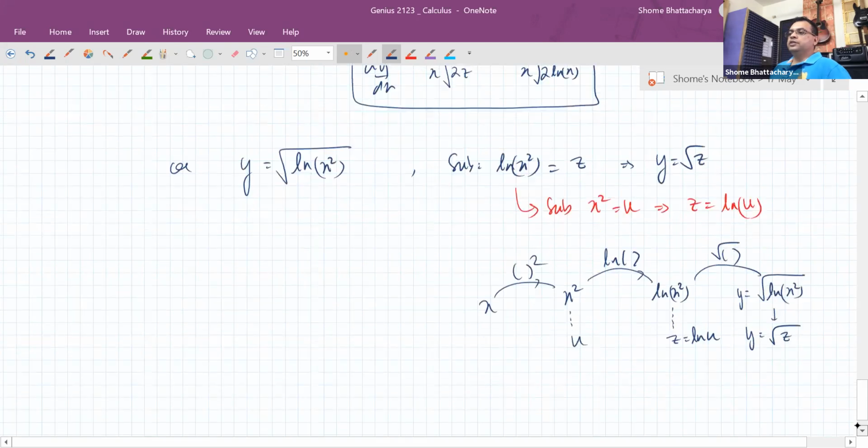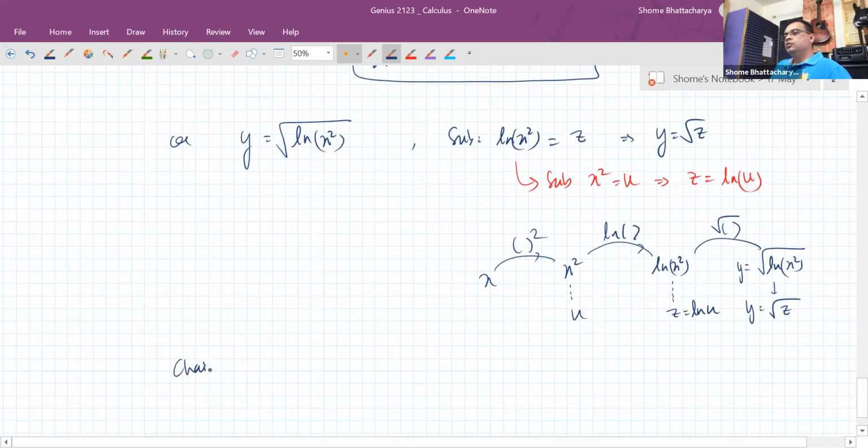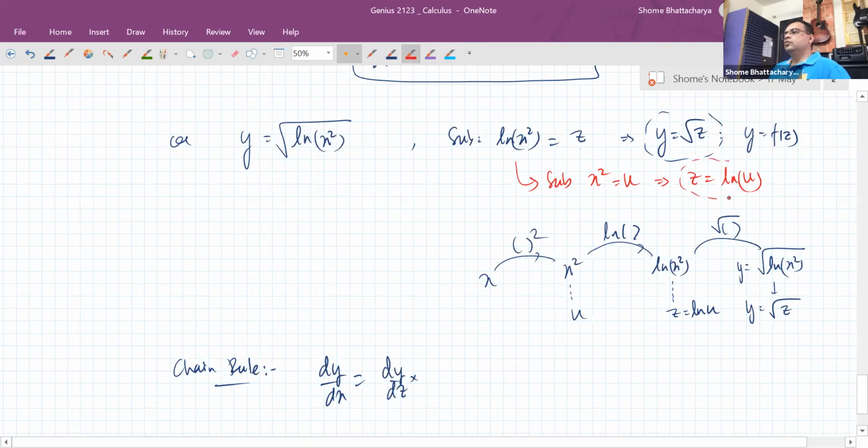So we have two substituted variables. Here, if I use chain rule, dy by dx becomes like this. See, y is expressed as a function of z, so this will be dy by dz. But z is a function of u, and further u is a function of x.